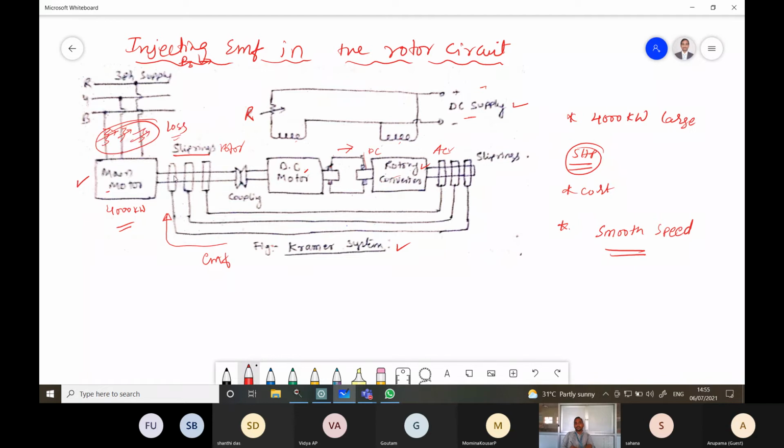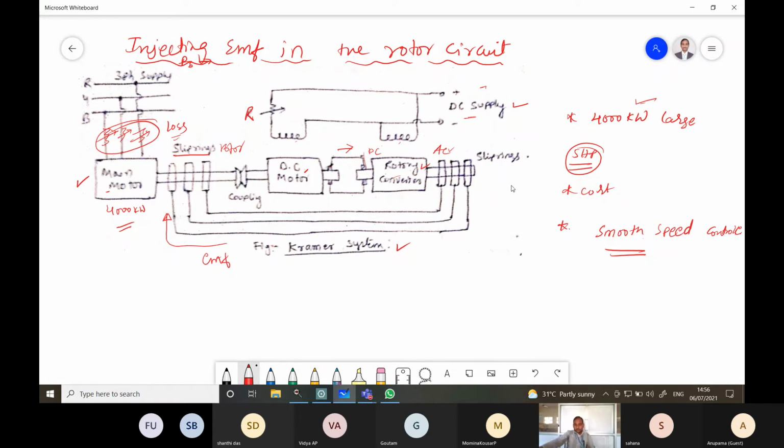So for that purpose, for smooth control of speed, we are using these different types of arrangement to achieve smooth speed control. This is very much essential in large-rating motors. So this smooth control is possible here, and this is the main advantage of this system.